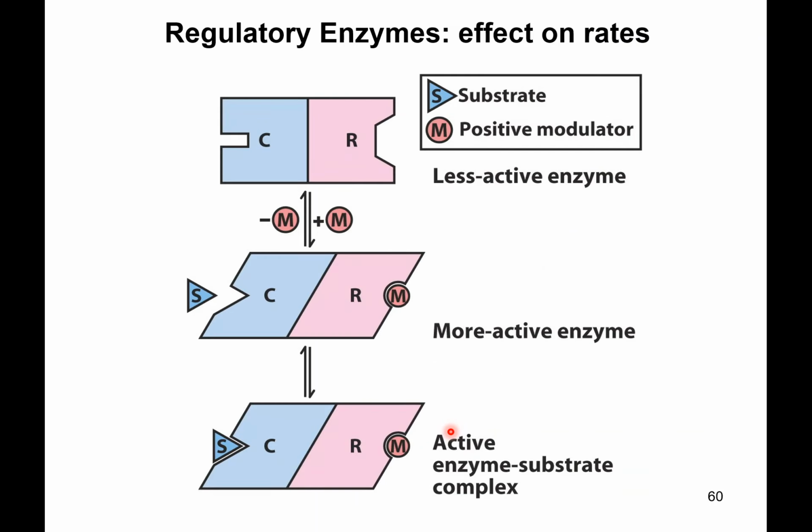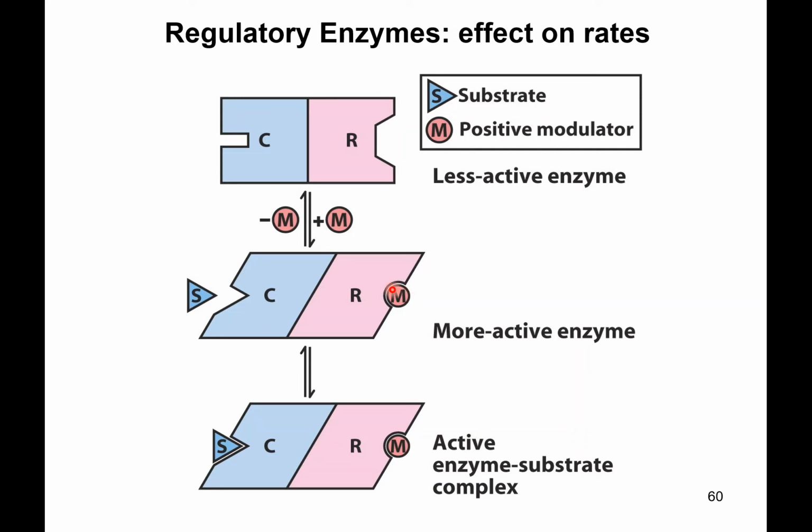Okay. Right. Regulatory enzymes can also affect rates. So if you have an example of an enzyme C that has an active site that binds a substrate, sometimes you have another regulatory, either a separate enzyme or another part of this protein that's a regulatory site that can bind a certain molecule.